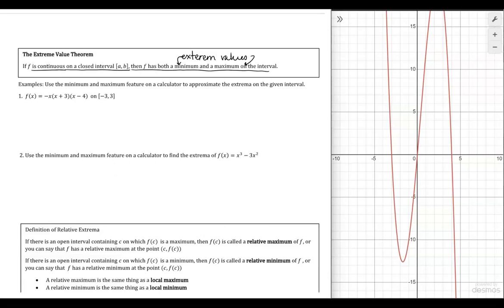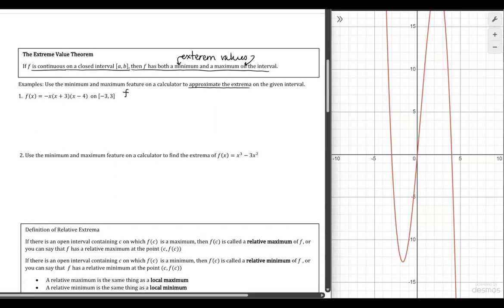So here in example 1, we're given a polynomial function, and we're given a closed interval from negative 3 to 3, and we're asked to approximate the extrema using a graphing calculator. I'm going to use Desmos, but we could also do this on a TI-84 or a TI-83 by putting this function in our y equals.